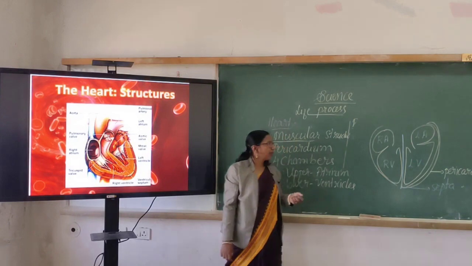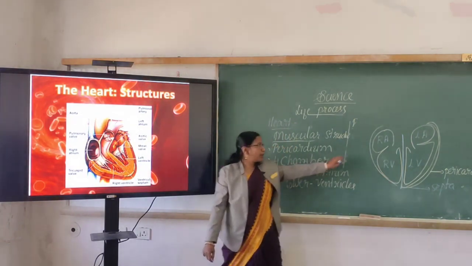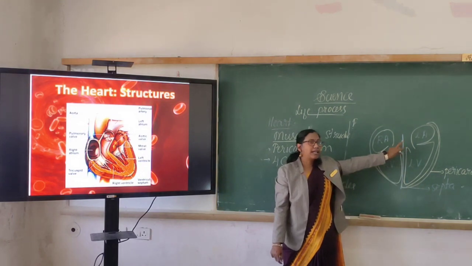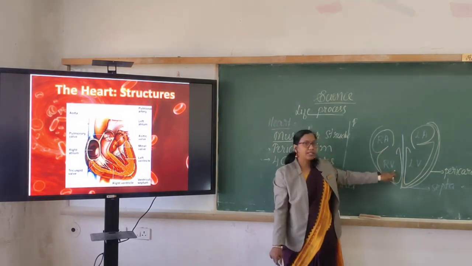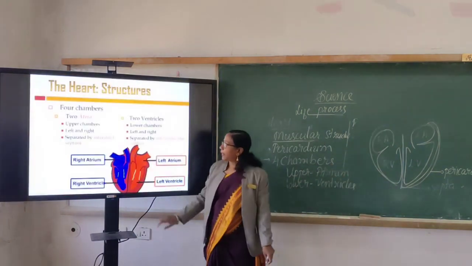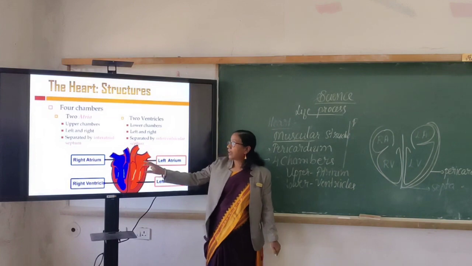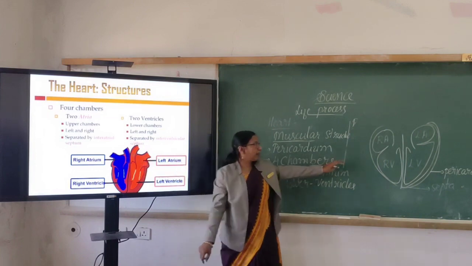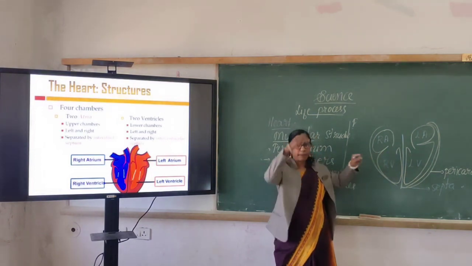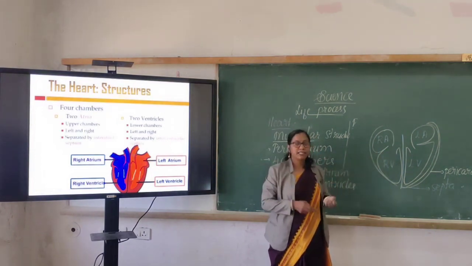Pericardium. Okay? Understood? What are the upper chambers called? Upper chambers are called atrium and lower chambers are called ventricles. Then the upper chambers and lower chambers are separated here.